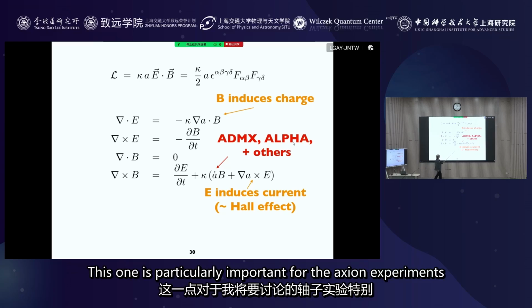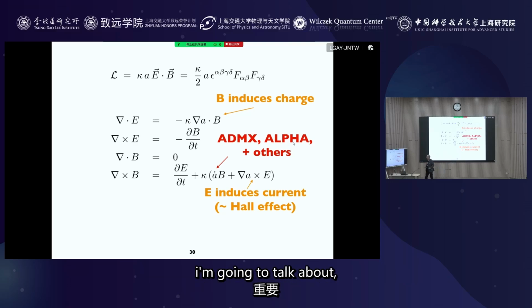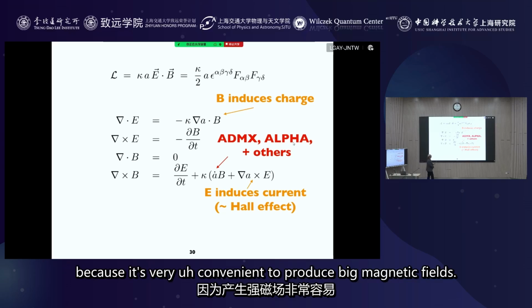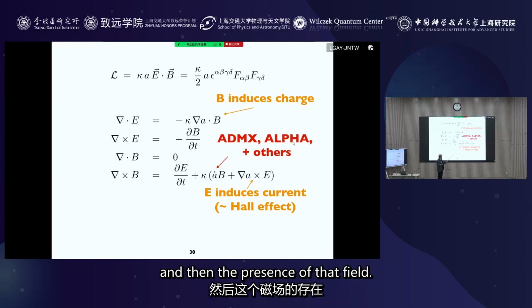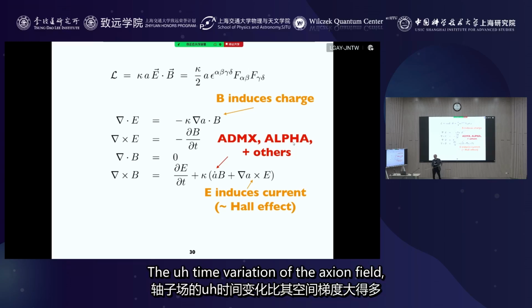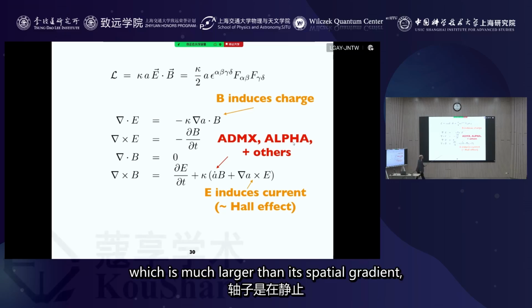This one is particularly important for the axion experiments I'm going to talk about, because it's very convenient to produce big magnetic fields. So you can produce a big magnetic field, and then in the presence of that field, the time variation of the axion field is much larger than its spatial gradient.